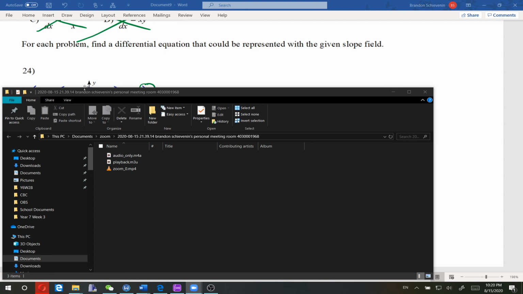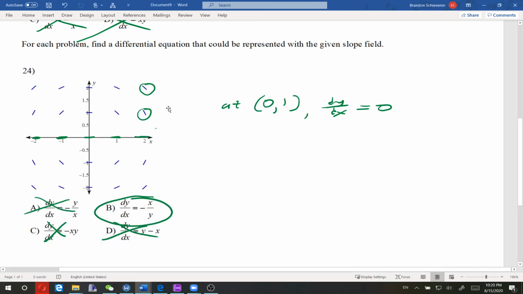Says I am screen sharing, but I don't see a box. Andrew, can you see the screen?